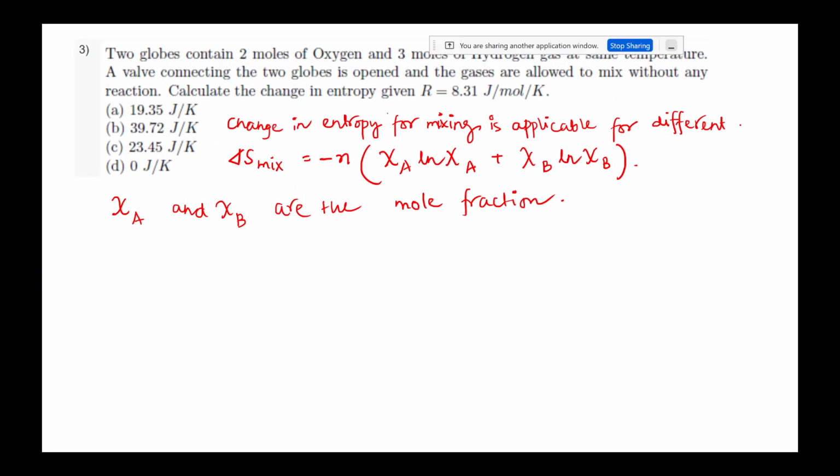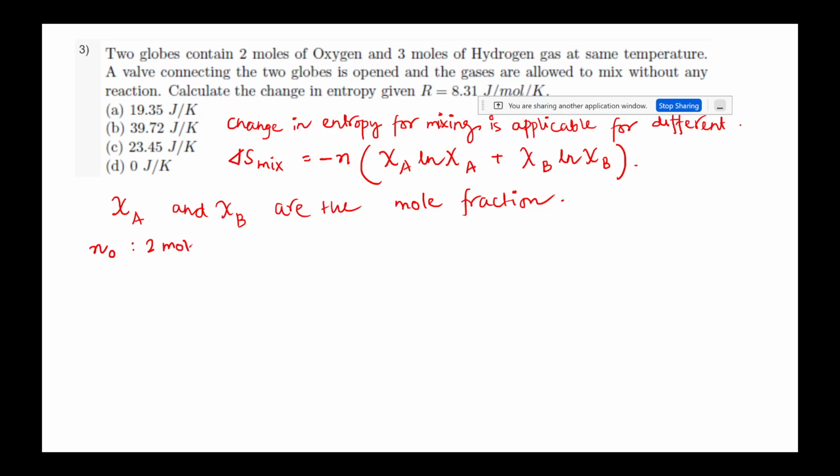So for oxygen, this is 2 moles, and for hydrogen this is 3 moles. So chi O2 will be 2 by 5 and chi H2 will be 3 by 5, right?